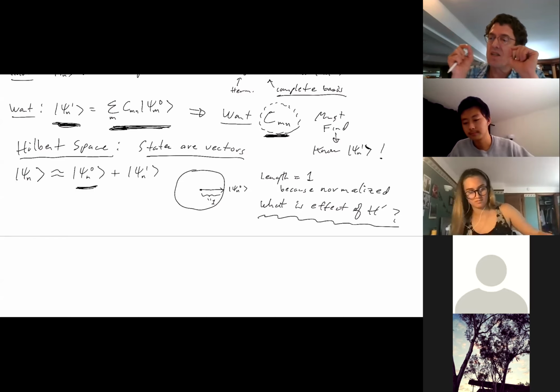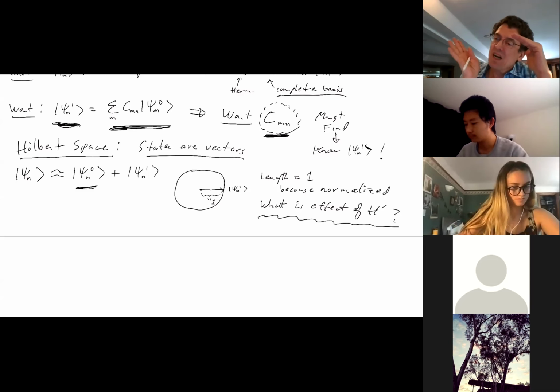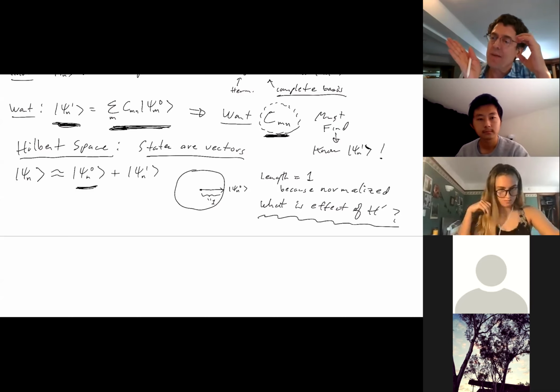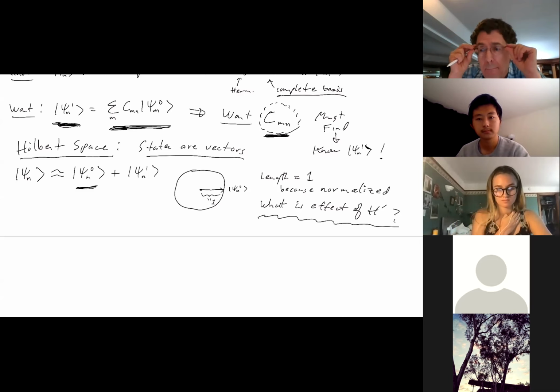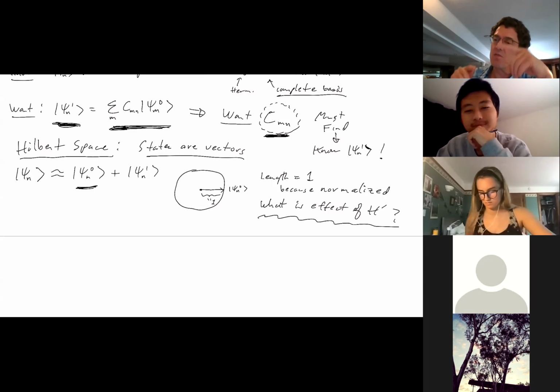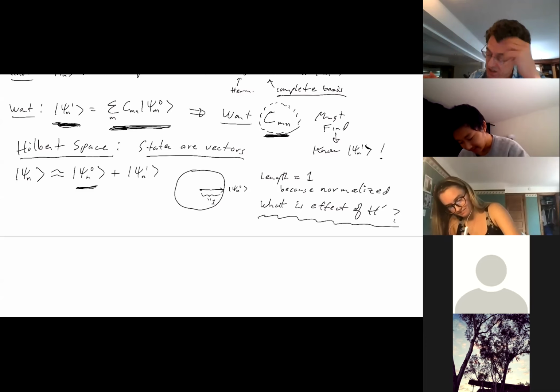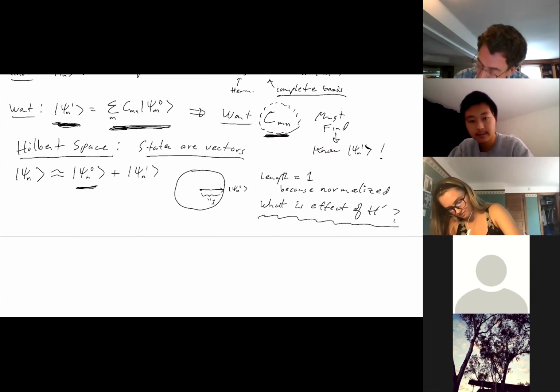constant. Okay, so let's go back to that question. What is the action of H prime on the unperturbed state? What does it do to it? It rotates it? Yes, that's exactly right. It rotates it in Hilbert space. The length cannot change, it rotates. So that's really profound.